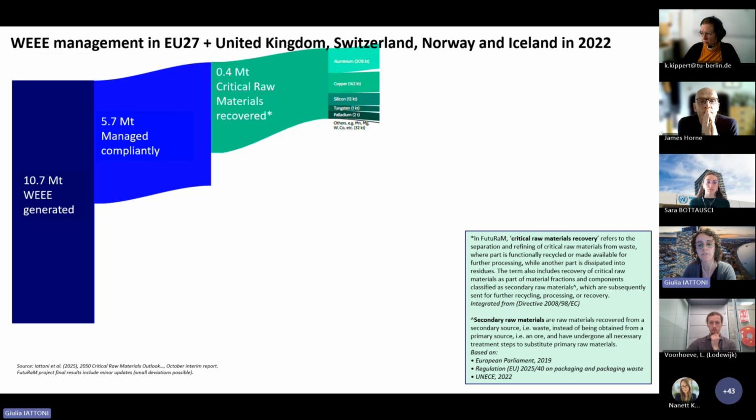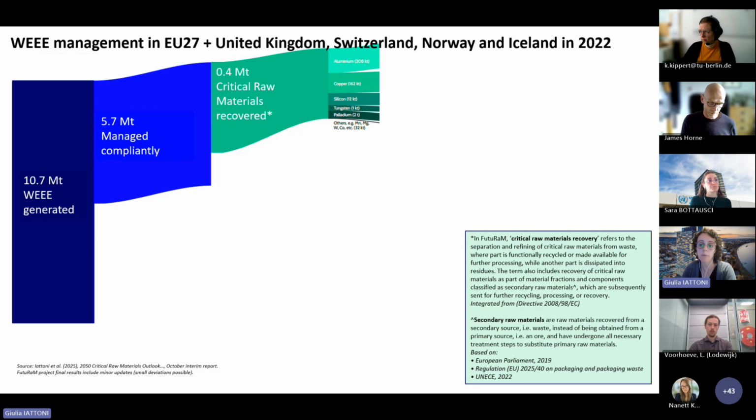In FutuRaM, this term refers to the critical raw materials, which are part of material fractions and components classified as secondary raw materials, which are the output fractions of the first treatment stage, meaning dismantling and mechanical treatment, and are then subsequently sent for further recycling, processing, or recovery.